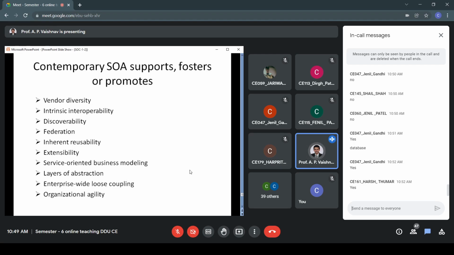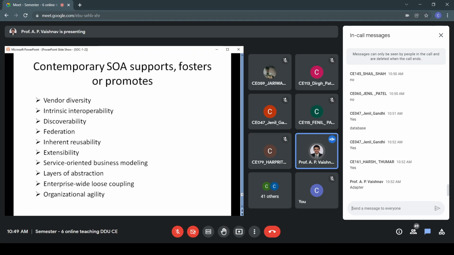Next is federation. Federation means joining together. Suppose you have a legacy application and you want to join it with a recent application. For that, we have to write something called an adapter. What will be the job of that adapter kind of service?